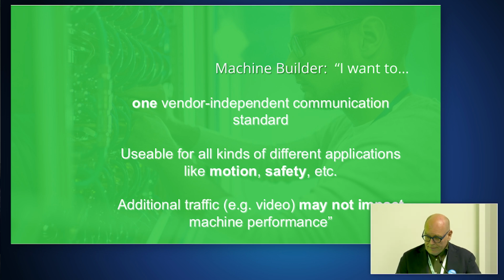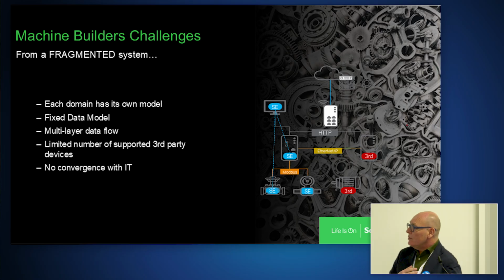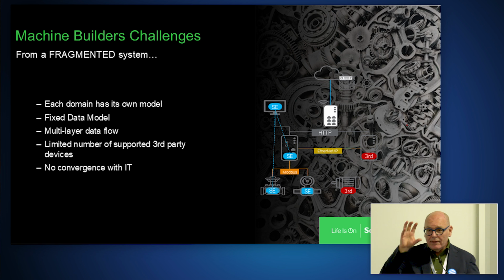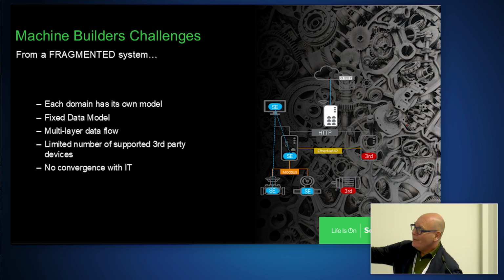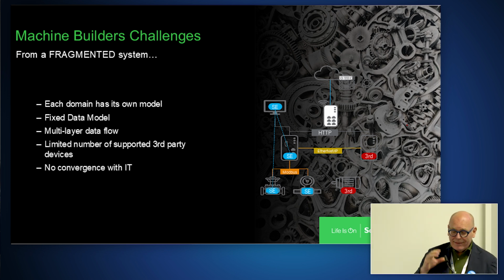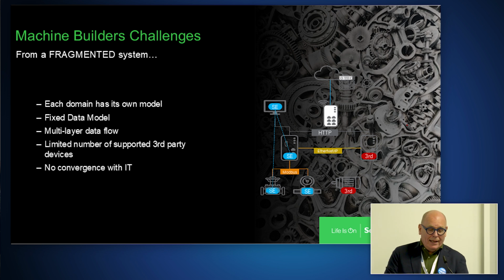So looking at this, where have we been today? Each domain, if I look from the machine, has its own model and is separated. Even Schneider Electric has its own model. A fixed data model, a fixed way, and a multi-layer data flow is not so easy to get.